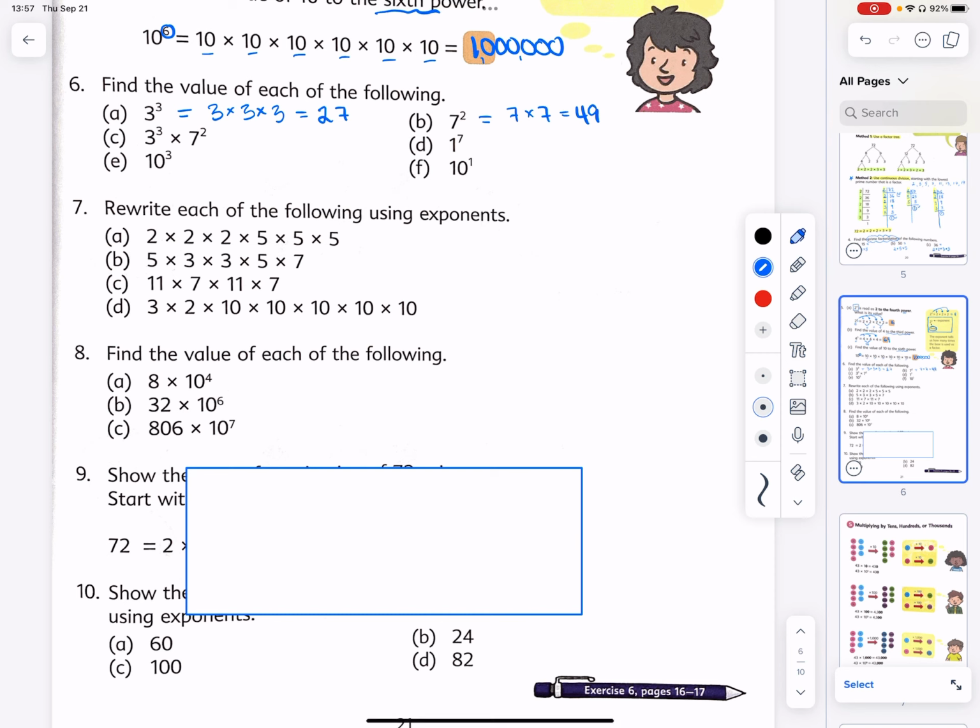Example C. 3 to the power of 3 times 7 to the power of 2. Well, we just learned 3 to the power of 3 was 27, times 49. I will let you complete that math.